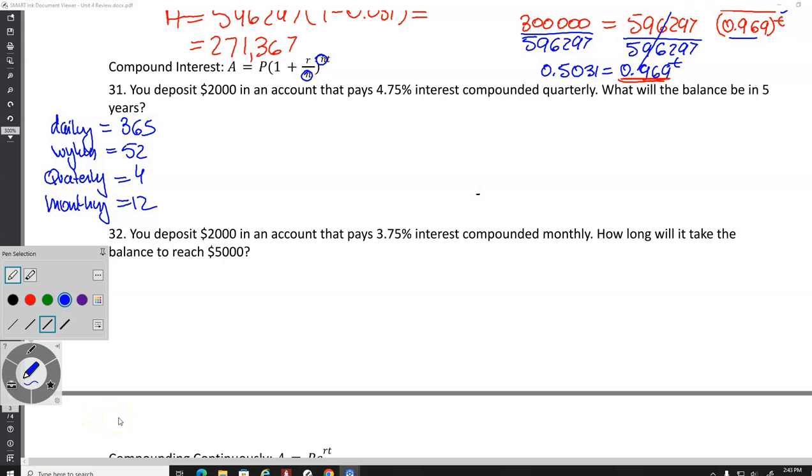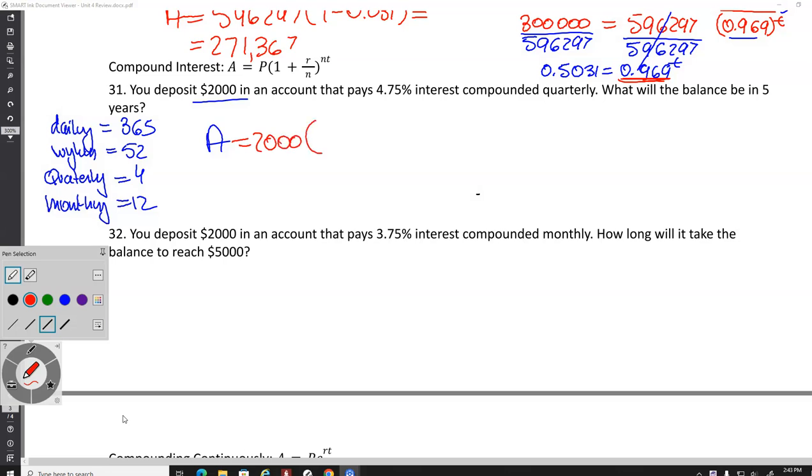So you're treating it the same way, with the same formula. It's just this time you are going to divide the rate by that amount, how often you are getting your interest. And then you're going to take the same amount and multiply it by time. So here it talks about you deposited $2,000. You start with that.